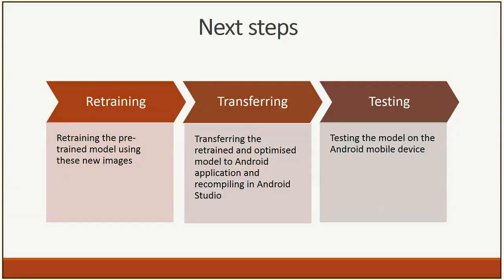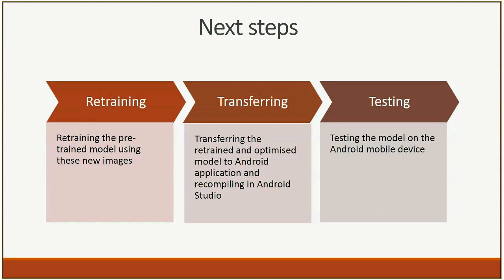The link is attached. So when we have already prepared these images and we clone the code from the CodeLab of TensorFlow for Poets, we may start to retrain the model using these new images. And when it is done, we will look at this model.